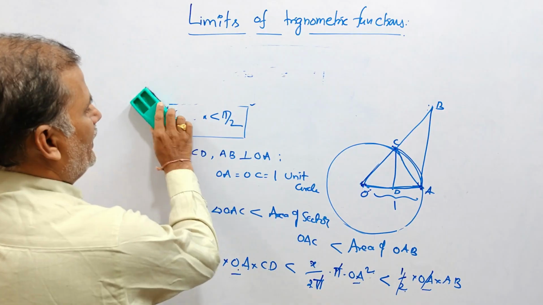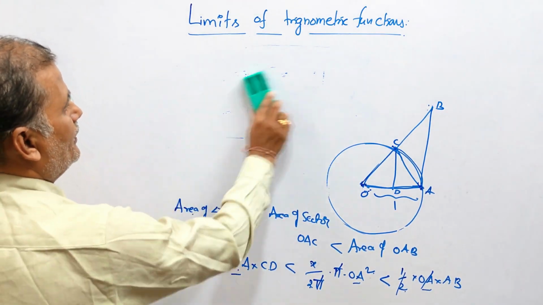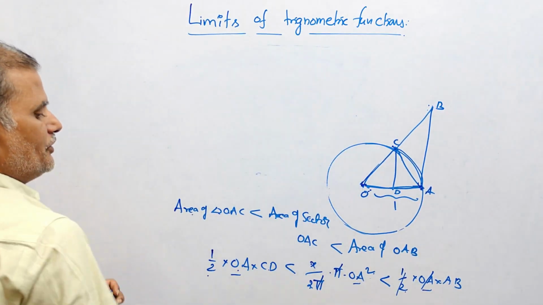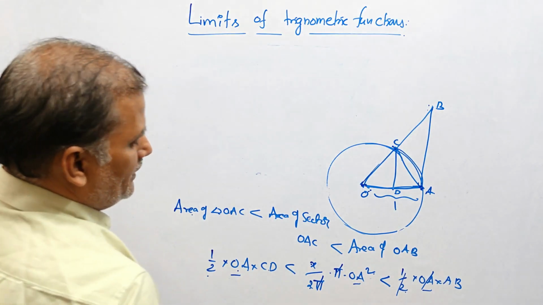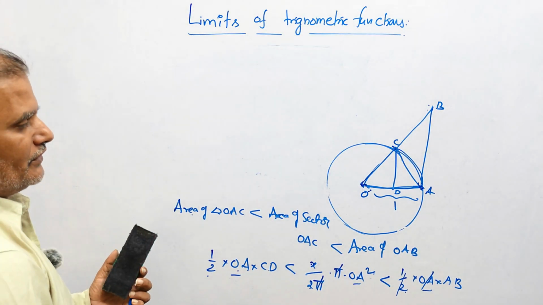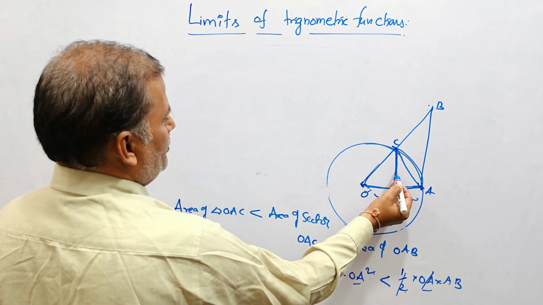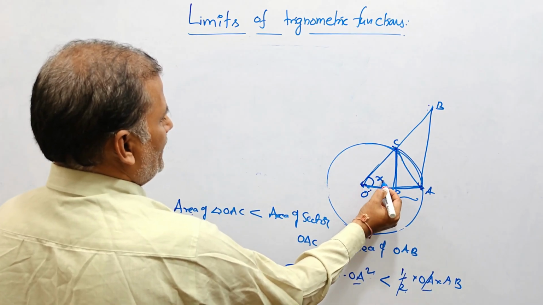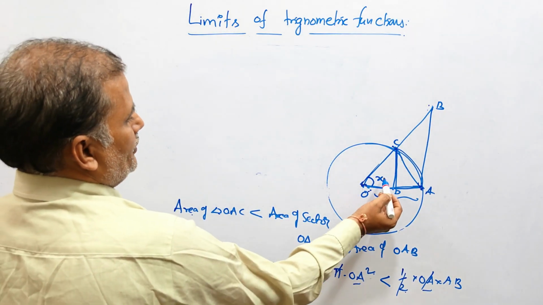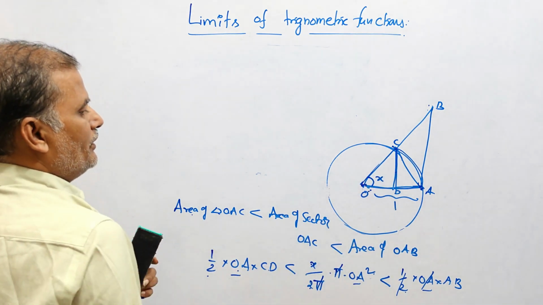Now from the diagram we find out the values of CD and AB, then we get the answer. We want CD here, this is the opposite side. By the angle we take as x here, this is the opposite side and this is the hypotenuse.